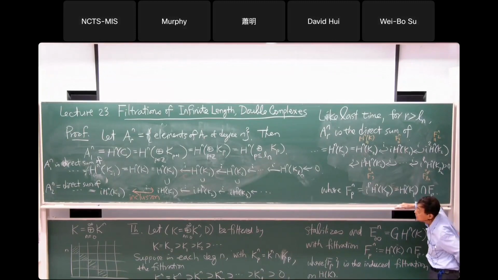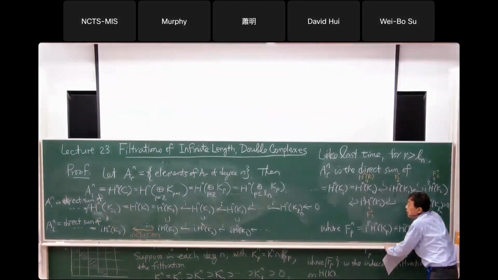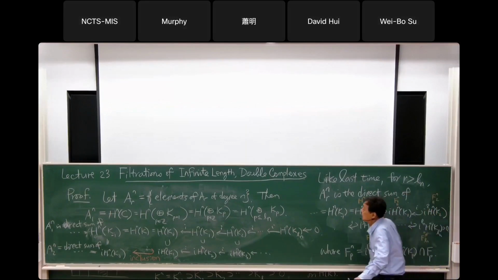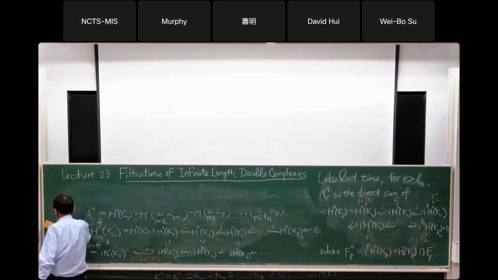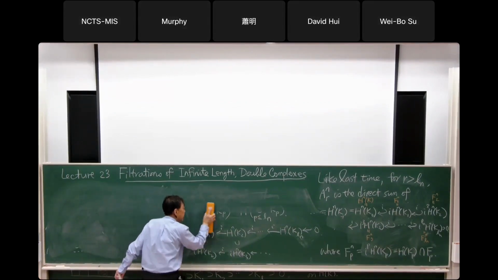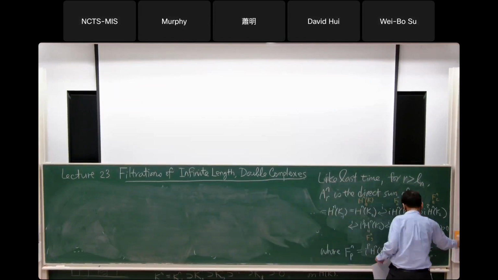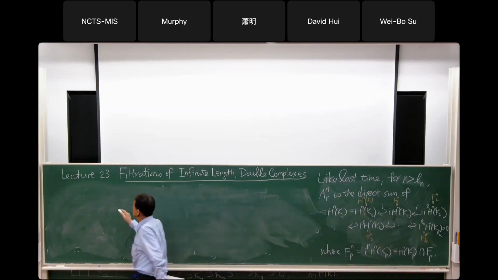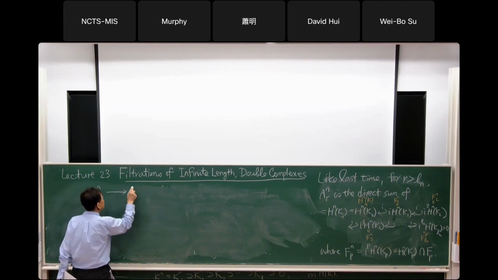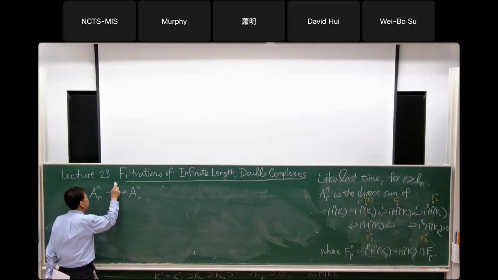That's A_n^R. And now let's look at E_n^R, the spectral sequence. Okay, so we have A_n^R, and then it goes to A_n^R, and this is I^R.